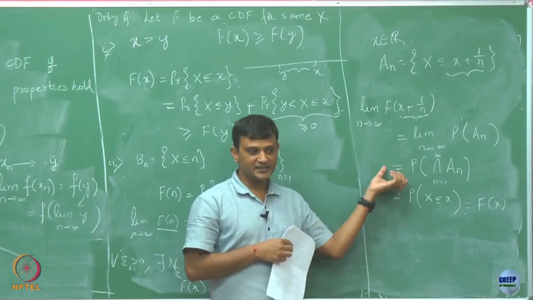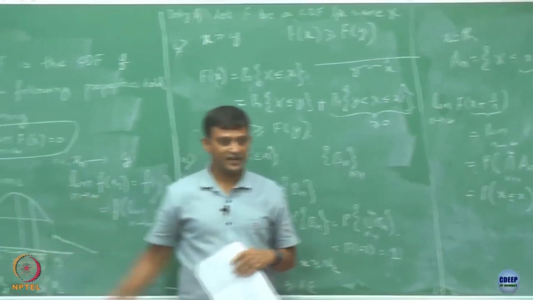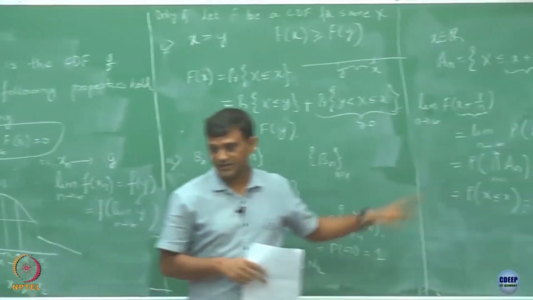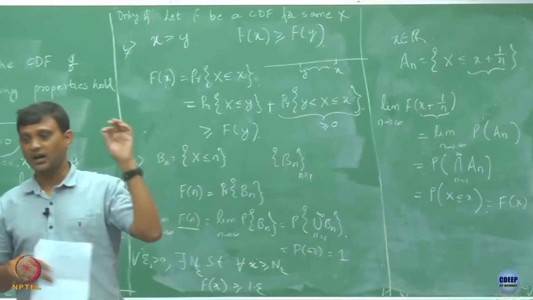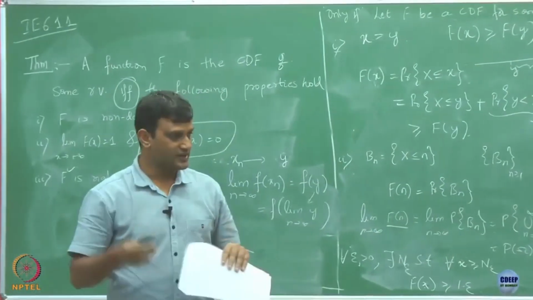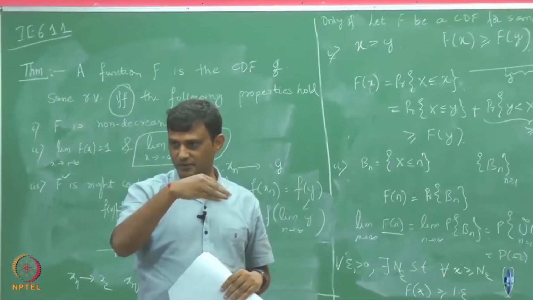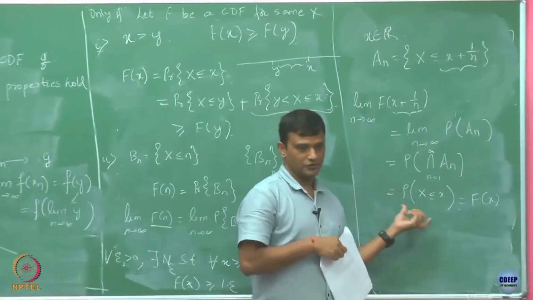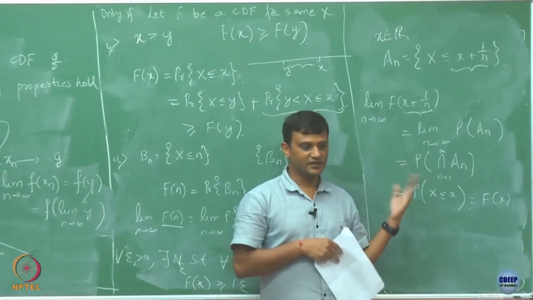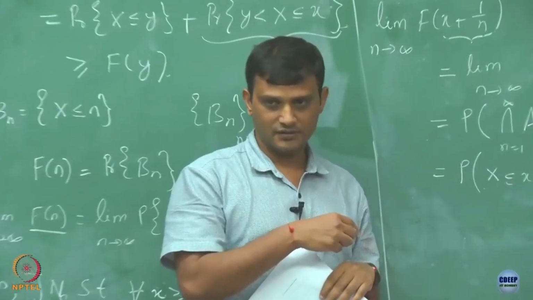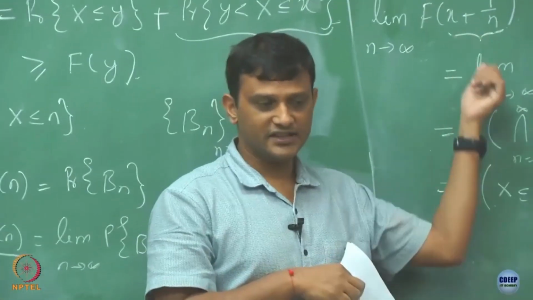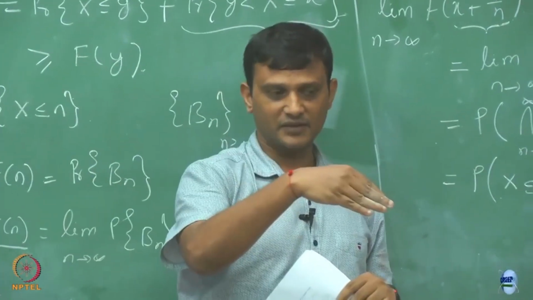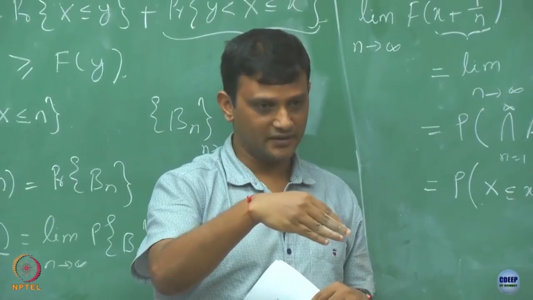So by this itself, my proof that f is right continuous is not complete, because what I have demonstrated is that there exists a particular sequence that is converging to x from the right, and where this holds. But what about the arbitrary sequence that is converging? Do you think using this argument you can extend the same analysis to any sequence that is converging to x from the right, using which property?